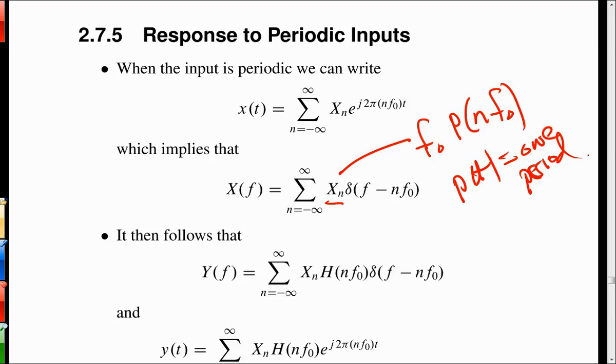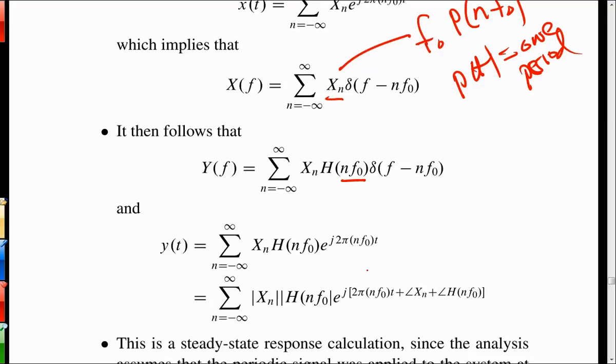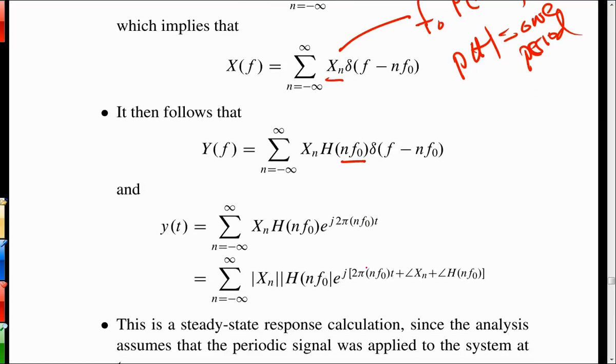At any rate, you multiply that spectrum times H of f, and it samples the frequency response at where those harmonics occur, n f naught. And then that also would be the way back to your Fourier series representation if you wanted to carry it along like that.